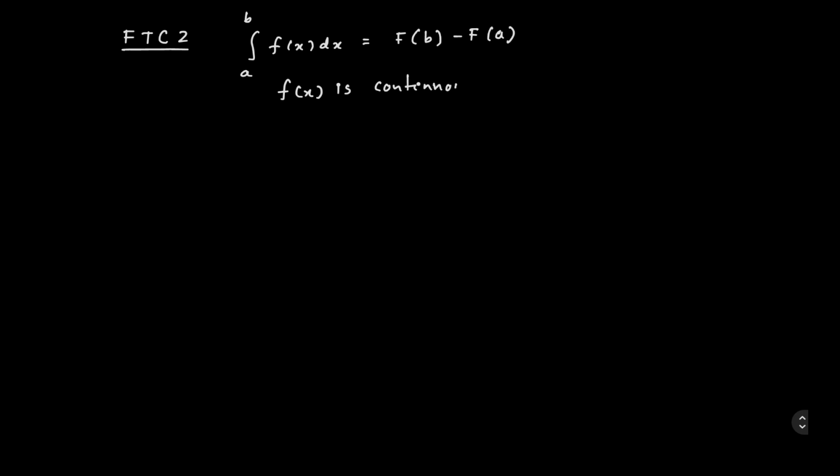So now we are going to solve questions based on FTC2, Fundamental Theorem of Calculus, Part 2. So it says the integral from a to b of f of x dx equals uppercase F of b minus uppercase F of a, provided f of x is a continuous function in the closed interval a comma b, and F dash x should be equal to f of x.